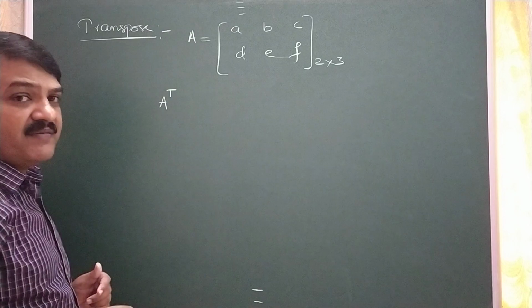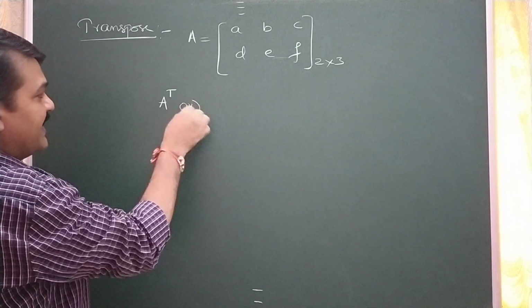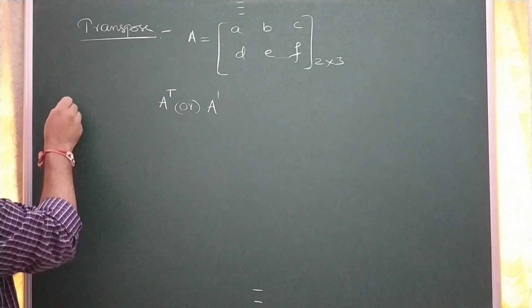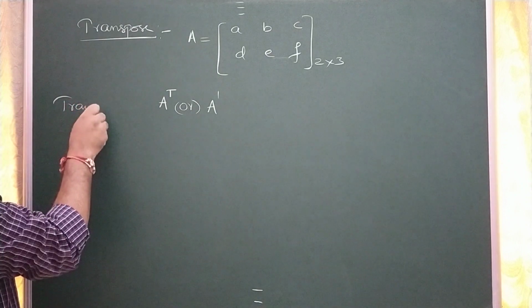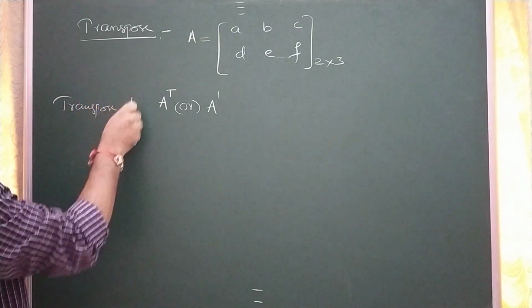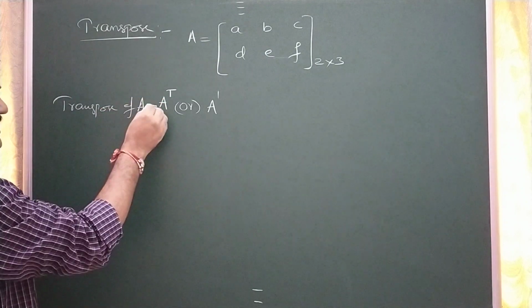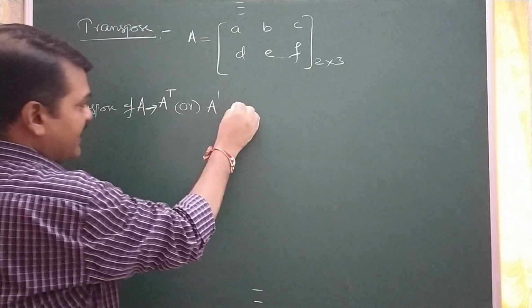We will write A power t, or we will write A dash. So transpose of A is symbolically written as A power t or A dash.